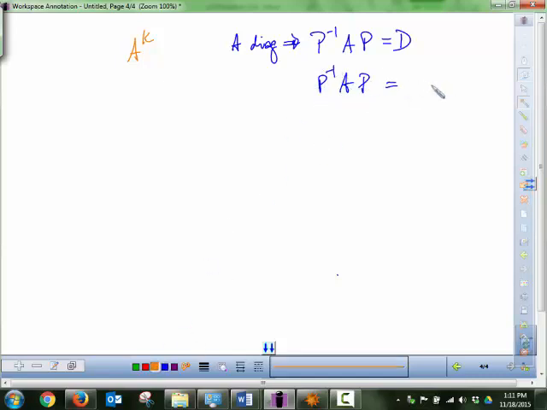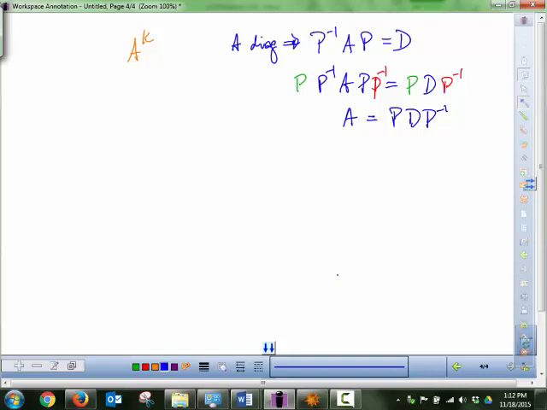So if I take D and multiply it by P on one side, and then multiply it by P inverse on the other side, then I'll just have A on one side, and this is P, D, P inverse, right?